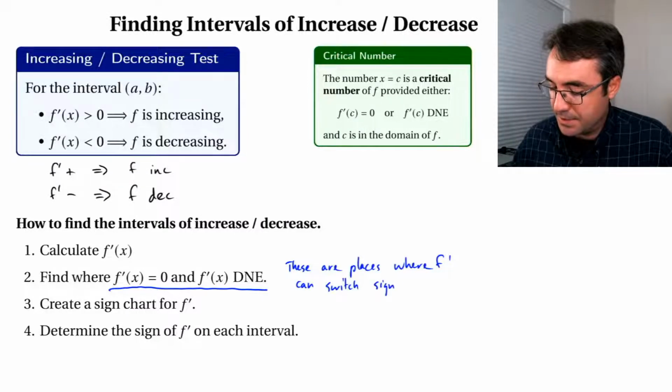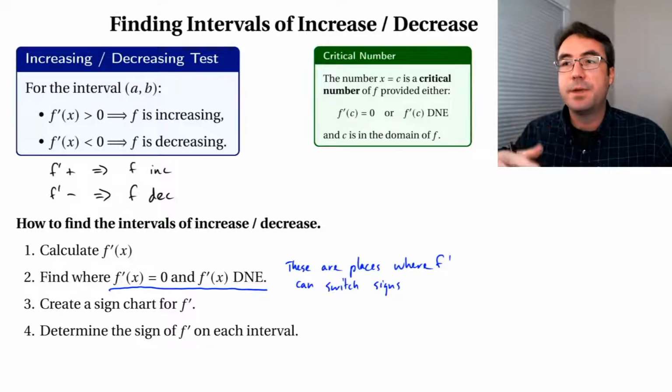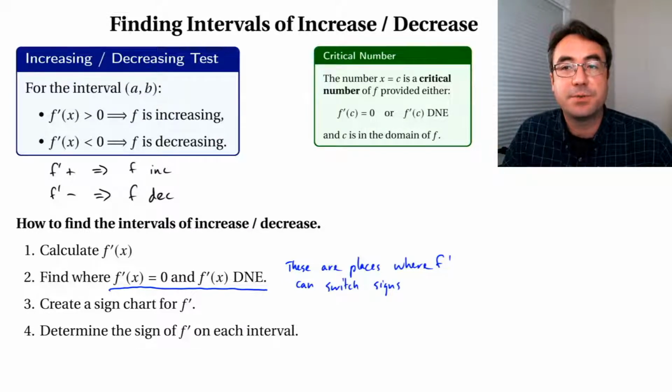So it can go from positive to negative. The only places where f prime can switch signs is either if it crosses the x-axis, so it's equal to 0, or if it jumps over the x-axis where it's undefined. Those are the only two possibilities here.